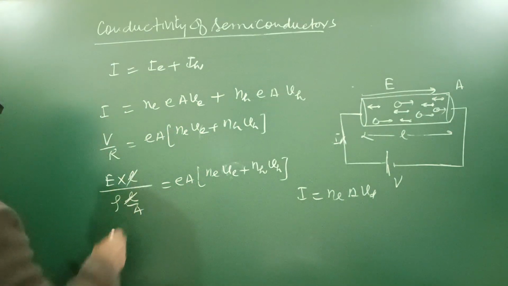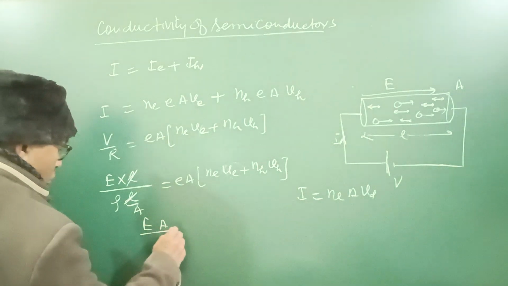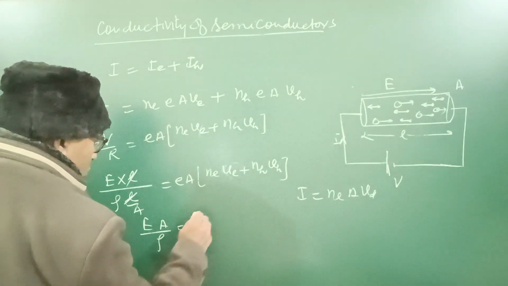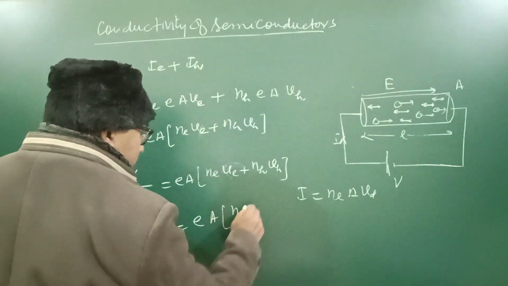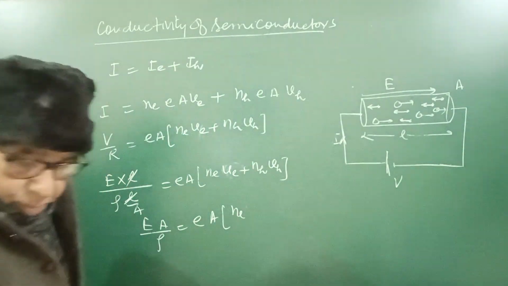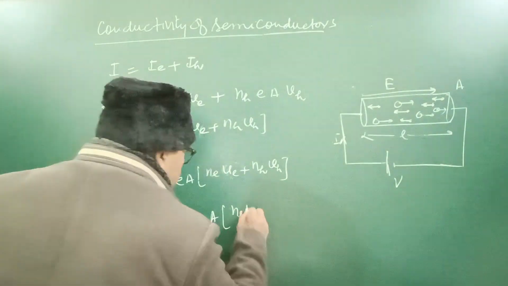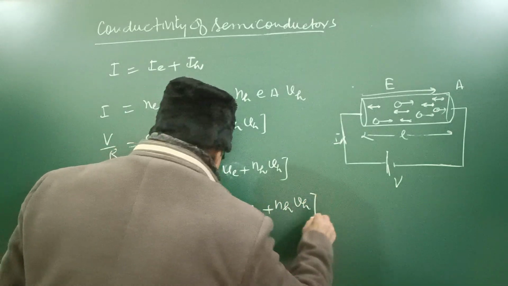This L cancels, or E A upon rho equals e A bracket NeVe plus NhVh.